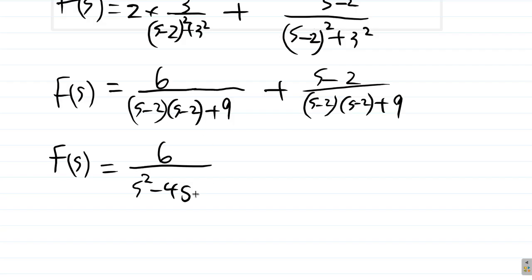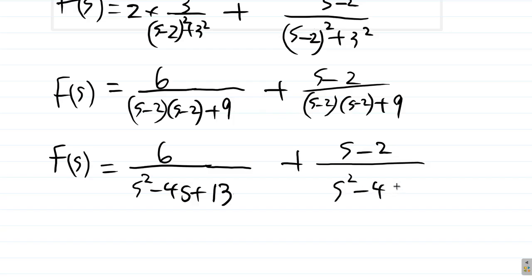Minus 2 by minus 2 is plus 4. Plus 9. 9 and 4 is 13. So this would be plus 13. And then for this, you have s minus 2 over the same thing: s squared minus 4s plus 13.